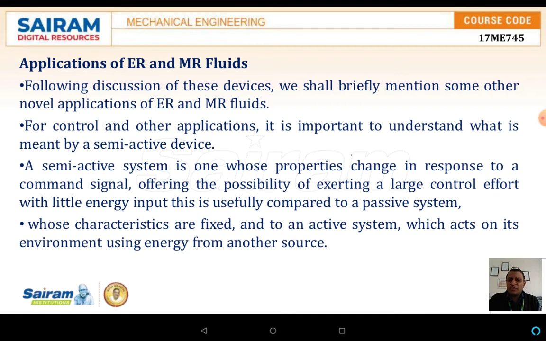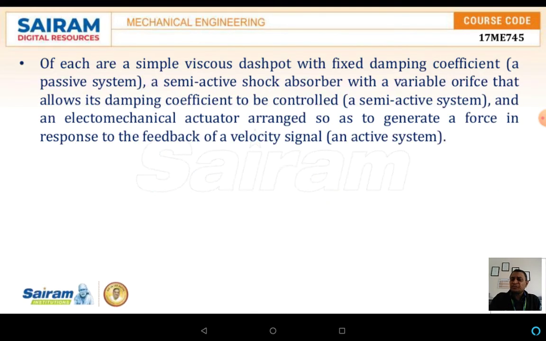As we know, seismic waves are prone in some countries. In those countries, these types of semi-active systems can be used for mitigation, so that the transfer of vibration from the ground to the structure can be minimized, compared to passive systems whose characteristics are fixed, and to an active system which acts on its environment using energy from other sources.